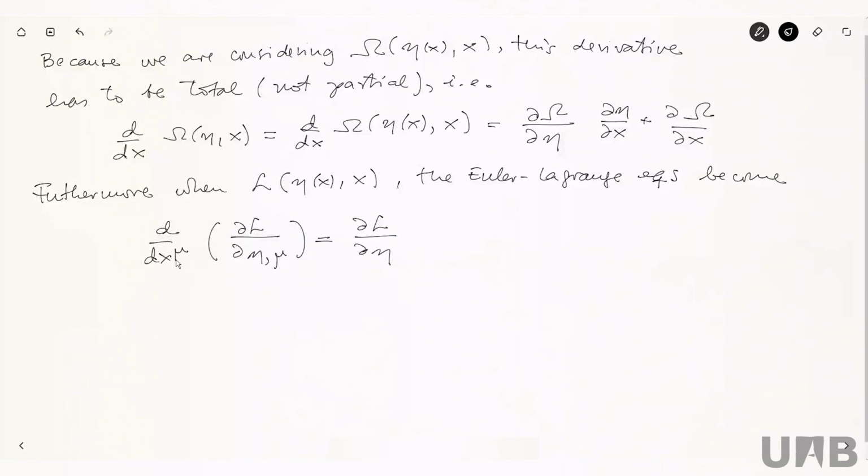And so this derivative takes the derivative with respect to x of the whole thing. And if L has an explicit time or x dependence, then this derivative also takes the derivative of that. And then it becomes partial.